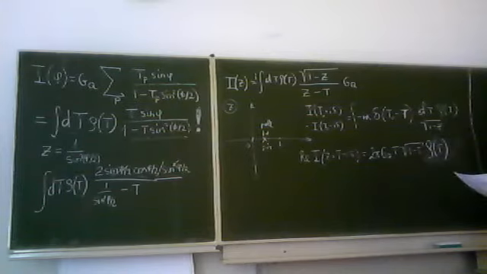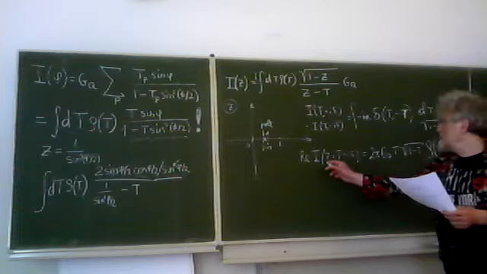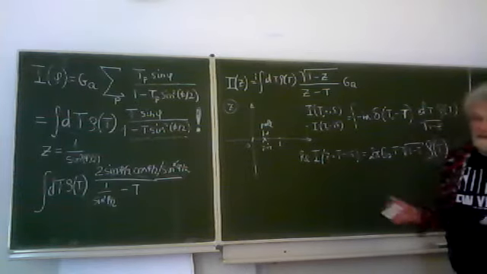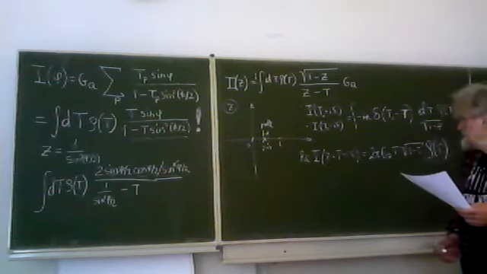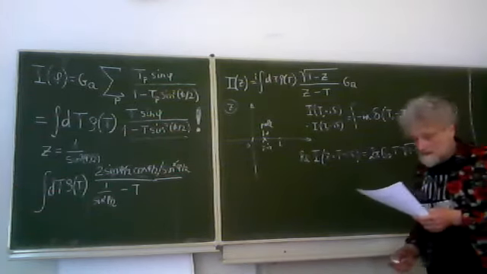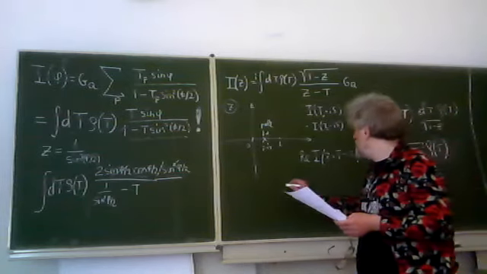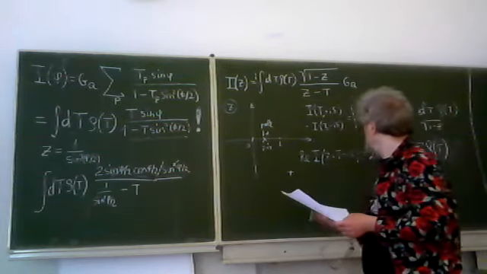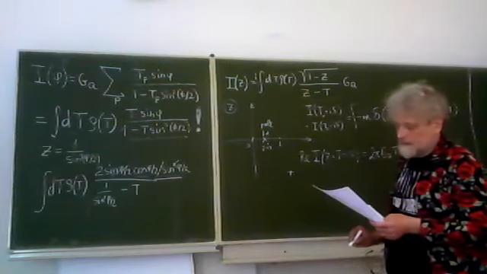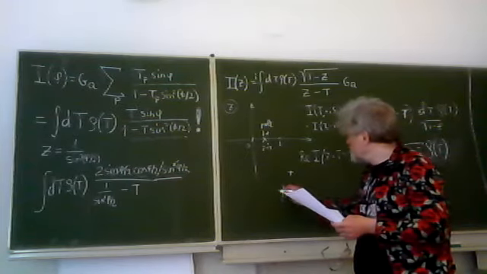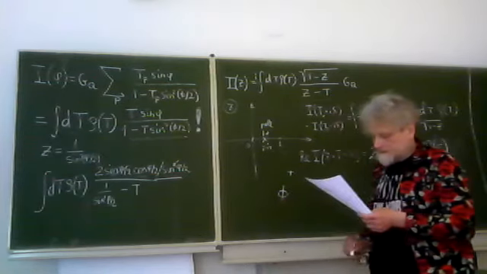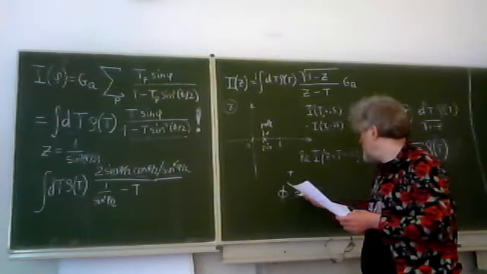Fine. The only point now it's function of z. We need to recall that this is a function of t. And for this, we need to combine it with expression which relates phase and z.